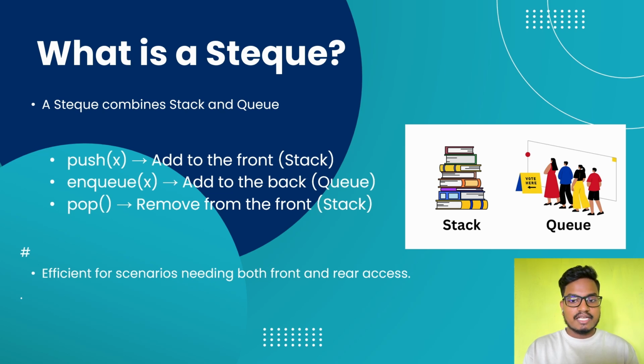Think of a queue at a supermarket. The first person in line is served first. So in a stick, push and pop follow LIFO, last in, first out, and enqueue follows FIFO, first in, first out. This makes it perfect for applications that need both behaviors.